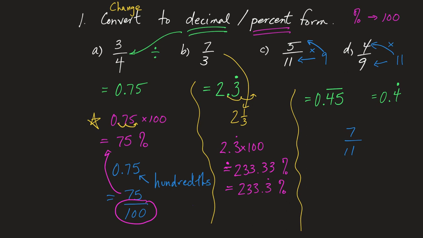So hopefully we looked at it and we said, okay, what would I add to 11 to get up to 20? I would add 9, so I multiply my top by 9. Okay, 7 times 9 is 63, so I have 0.63, and remember it's repeated. So if you got that, great job.